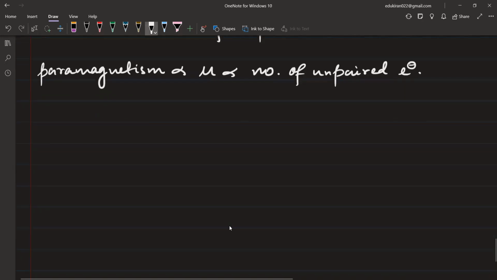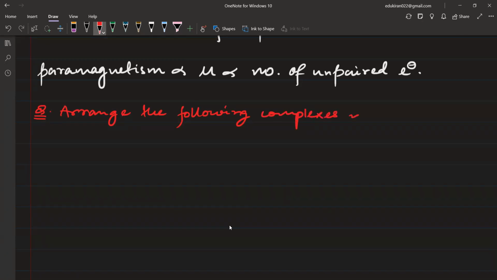For example, if you have: arrange the following complexes in increasing order of magnetic moment.